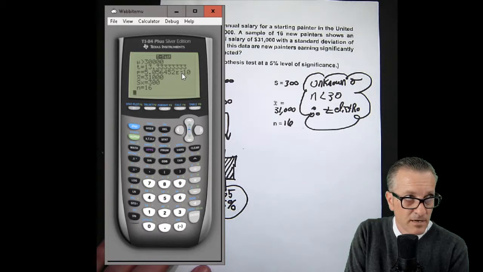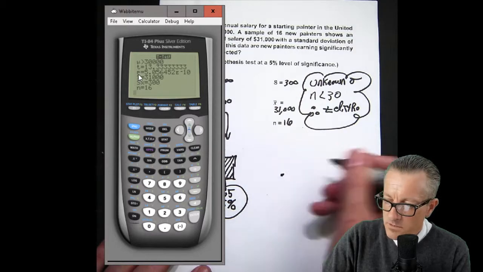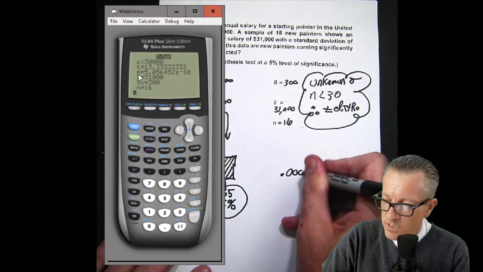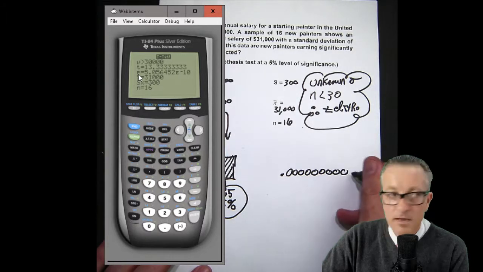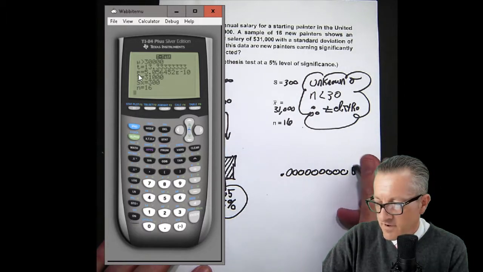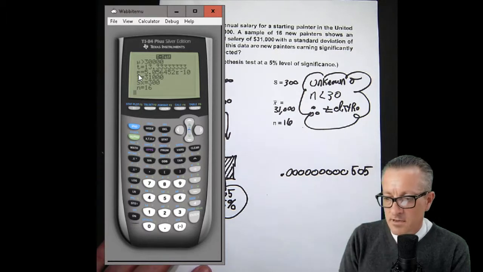This is -10, so we move the decimal place 10 spots, which means I'm going to put 9 zeros in front of the 5. So it's 1, 2, 3, 4, 5, 6, 7, 8, 9 zeros, and then 5, 0, 5.